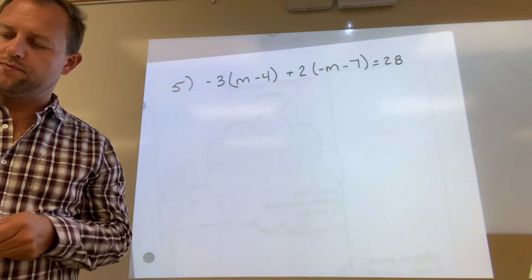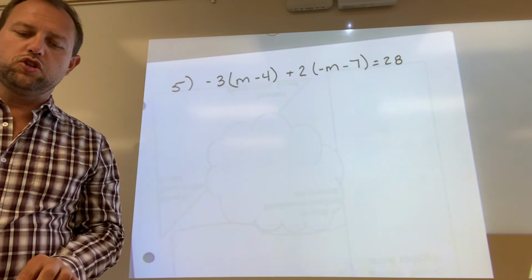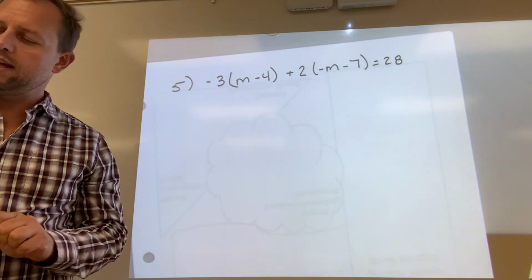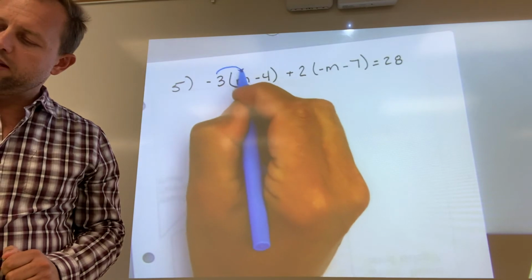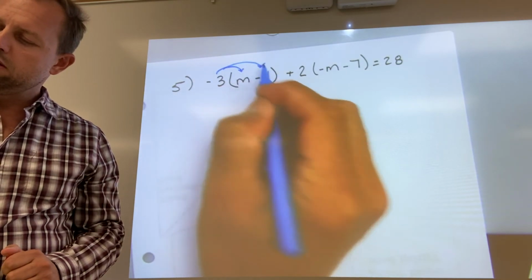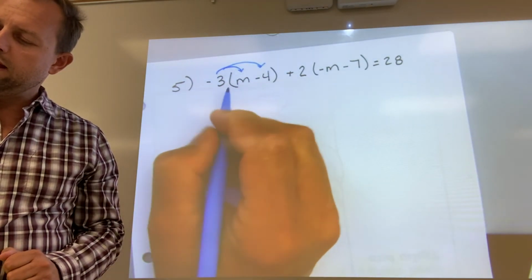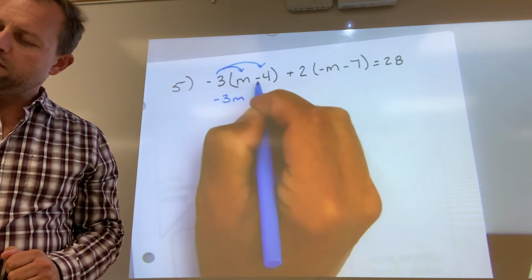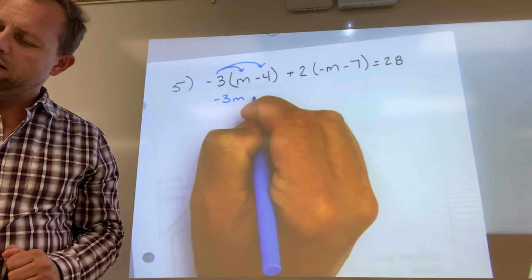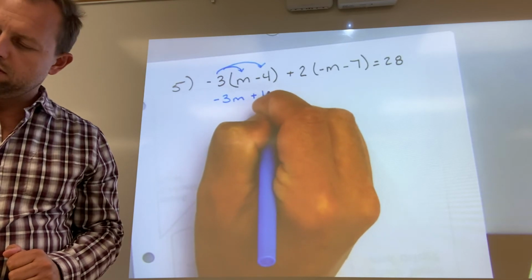Pretty long problem. Biggest thing is to take it in steps. The negative 3 needs to be distributed onto both terms. Negative 3 times m is negative 3m. Negative 3 times the negative 4 is a positive 12.